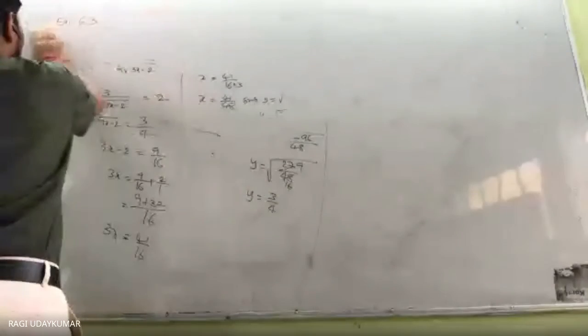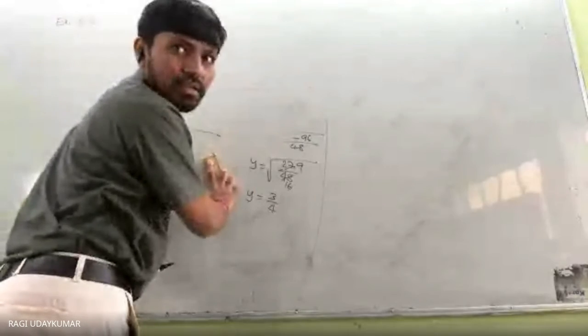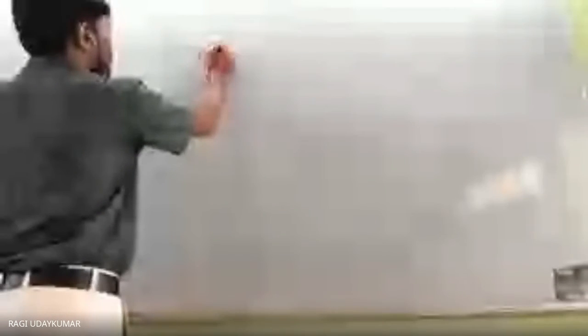Don't get confused with that. 26th problem, y is equal to 2x square plus 3 sin x. At x equal to 0, find the slope of the normal to this curve. You need to differentiate with respect to x, then substitute x equal to 0.